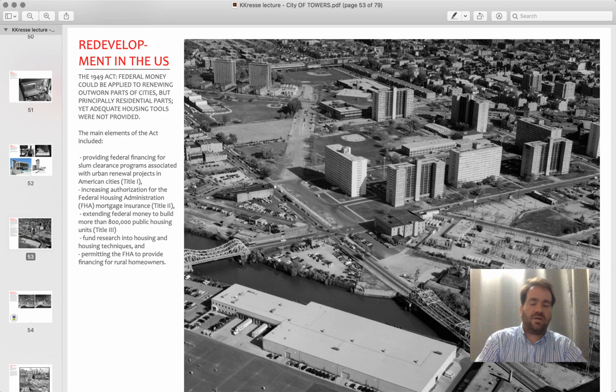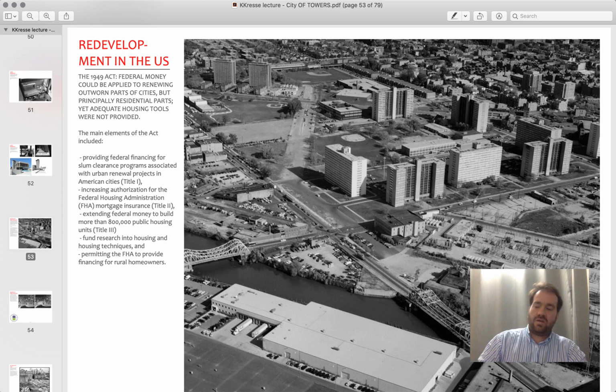All right, and then from here we go to the US, and in the US you have a different kind of situation. Here the problem was that cities were being torn apart, and sometimes the densities were really low, and parts of the old city were decaying.